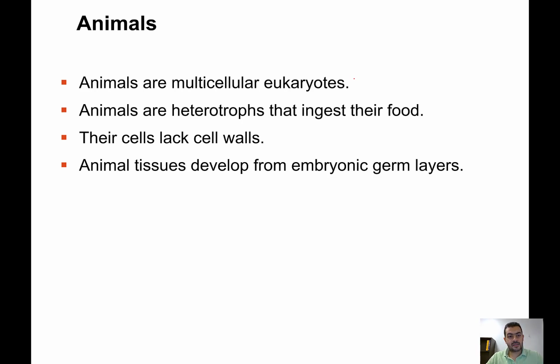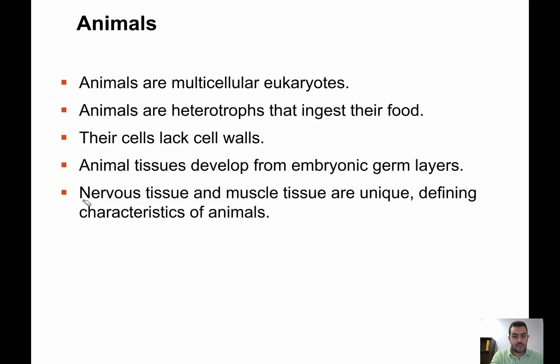Then the next characteristic is that animal tissues develop from embryonic germ layers, and as I have said, we will focus a little bit on this in this video, because this is a characteristic of animals, and it also helps us categorize animals into different groups.